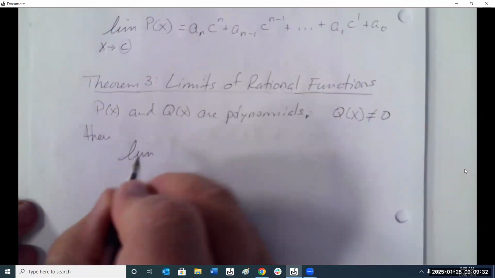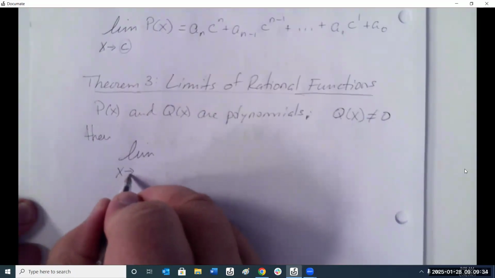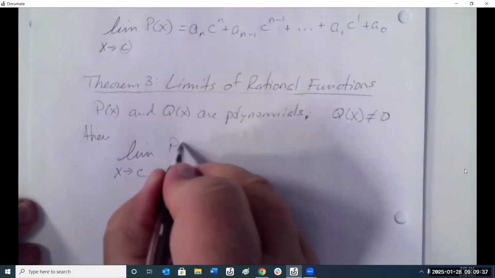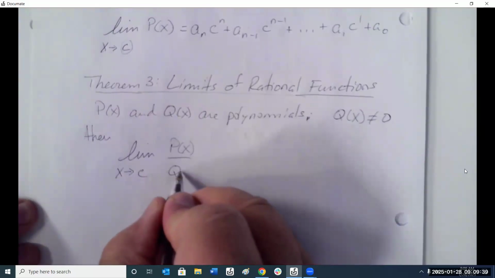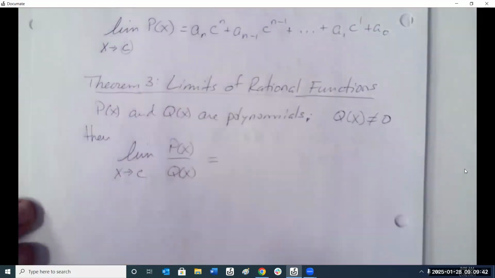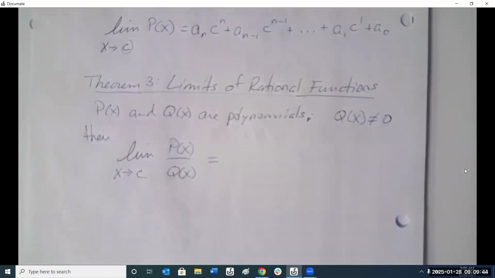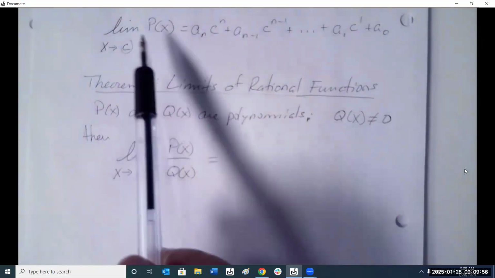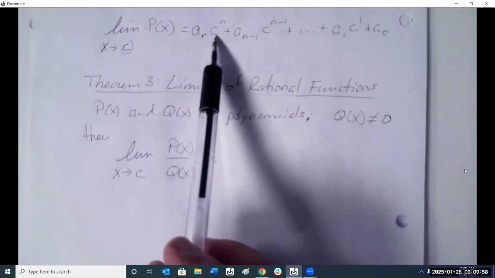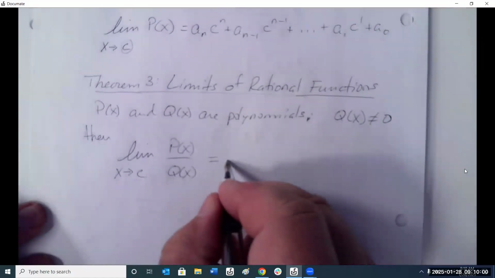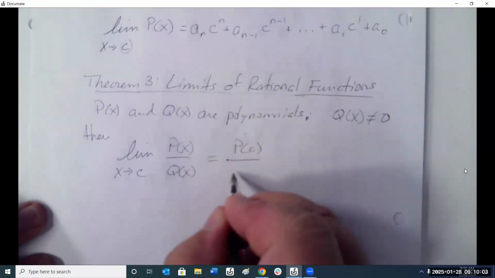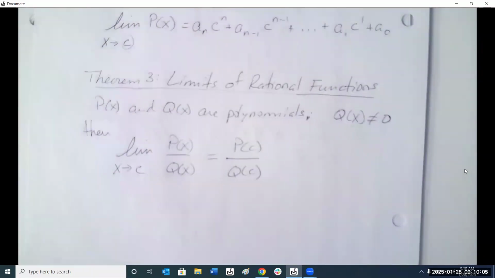Then whenever you take the limit of a rational function, what do you think that becomes? Where p and q are both polynomials. We learned in theorem 2 that all you do is change x to c. So this one becomes p of c over q of c. And there you have it.